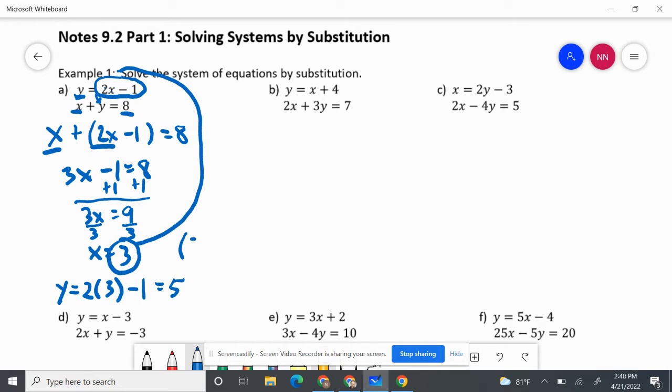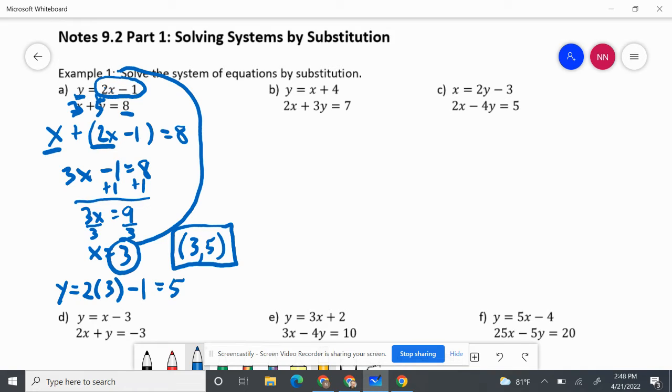That gives me the ordered pair 3, 5. Now, the nice thing about these is you can always double check to see if you're doing it correctly. If we plug in a 3 for x and a 5 for y, 3 plus 5 is 8, so we know we did it correctly.